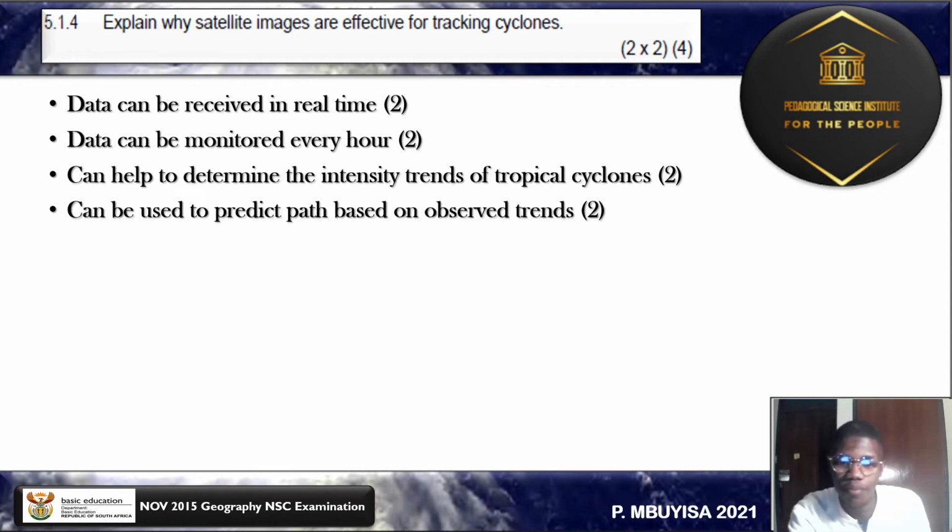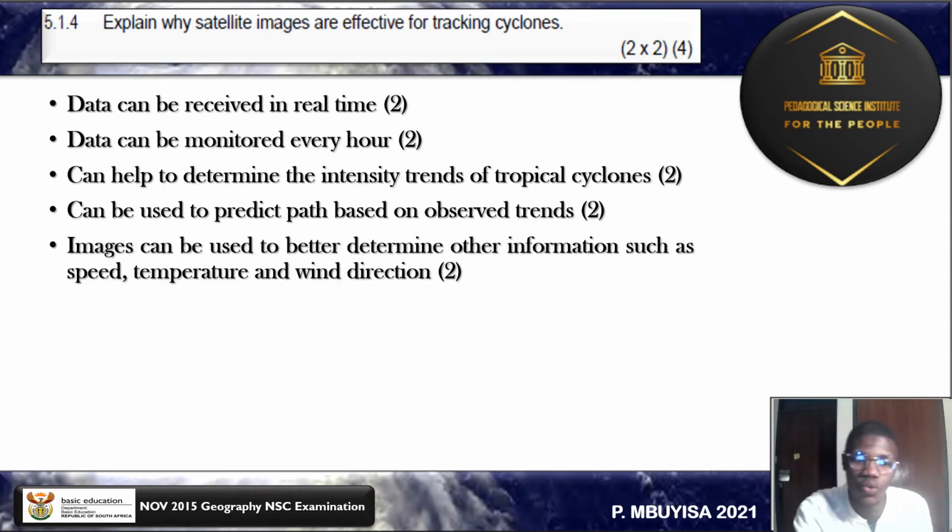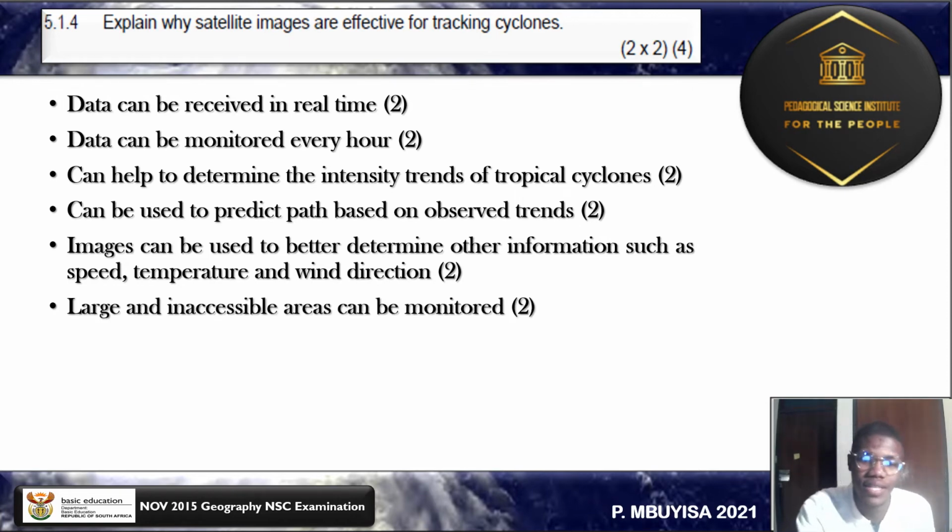We can then predict the pathway based on the observed trend to see which areas it is going to affect, and images can be used to better determine other information such as the speed, temperature, and wind direction of the cyclone.